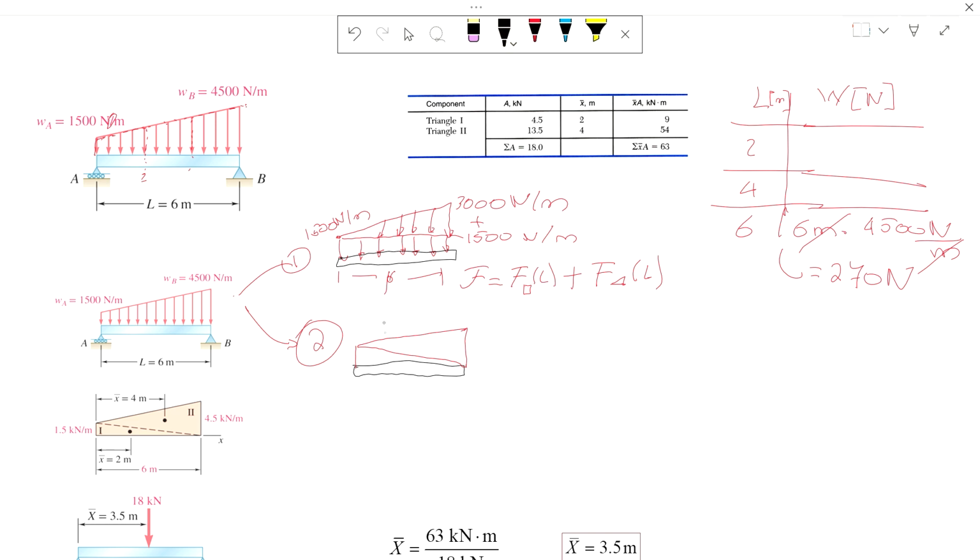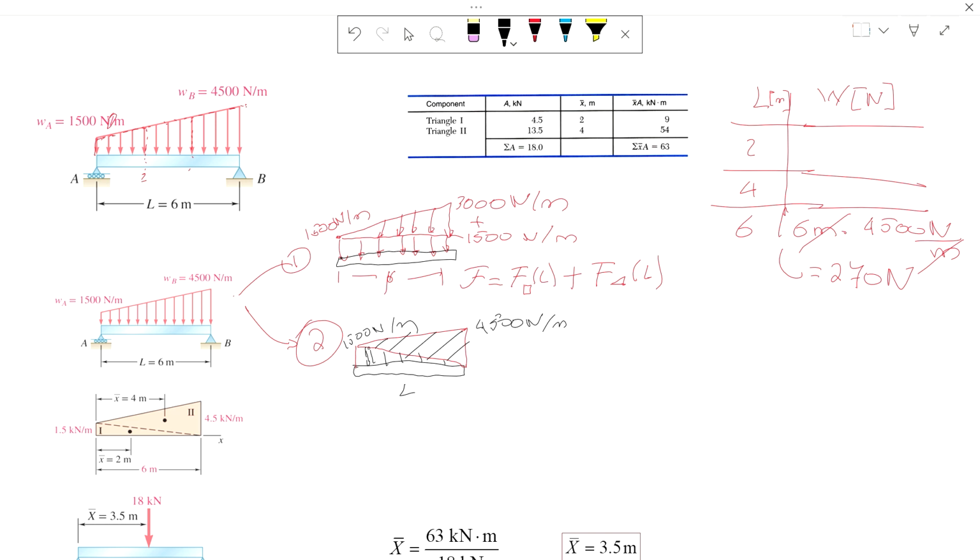One shape is going to be this one from 1,500, and the other shape is going to be that one up to 4,500 newtons per meter.